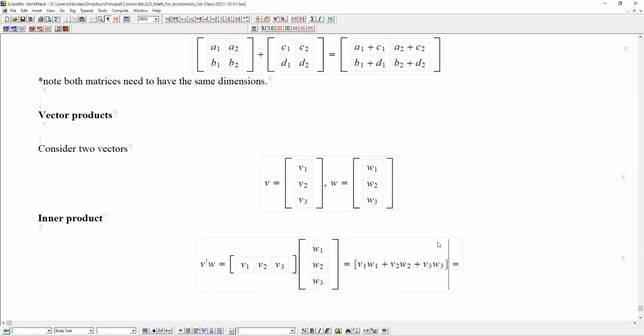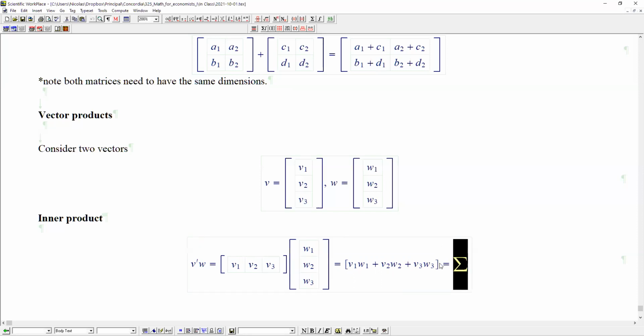This is much more relevant for computer science. It's a big debate, but for now, let's keep it simple. If it's a one by one, we can get rid of the fact that it's a matrix.